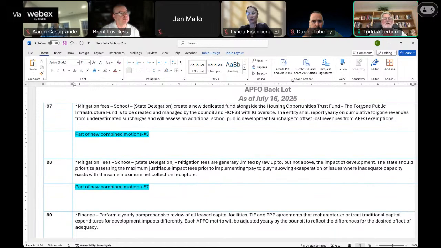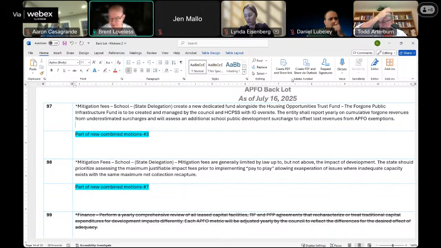Who funds this, Brent? And how's it collected? Well, that's a good point. Right now, it would be an unfunded mandate. It would be something that should be applied to in grants to have adequate public infrastructure surrounding the affordable housing facilities that are implemented in Howard County. But the school surcharge fee is the school surcharge fee.